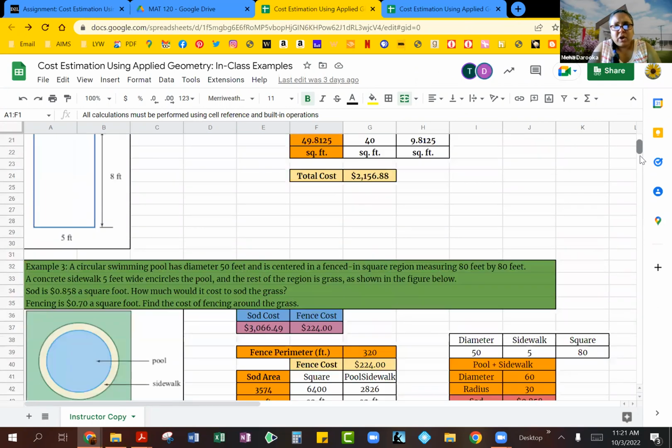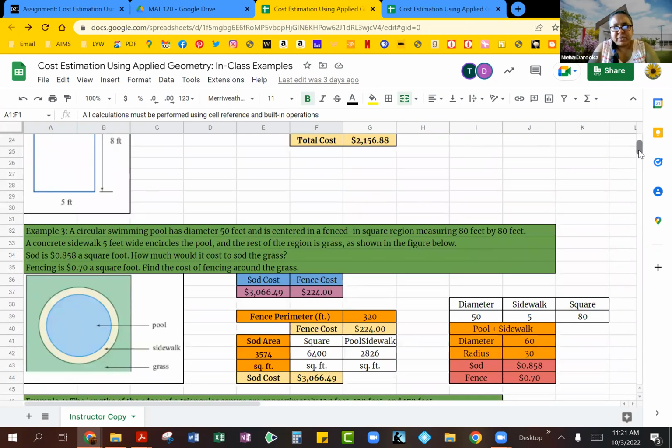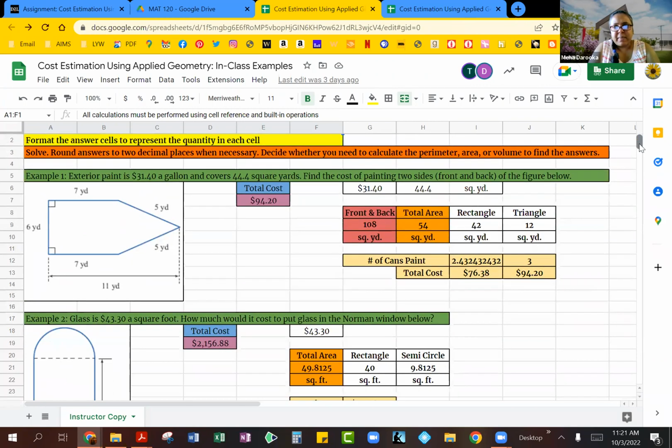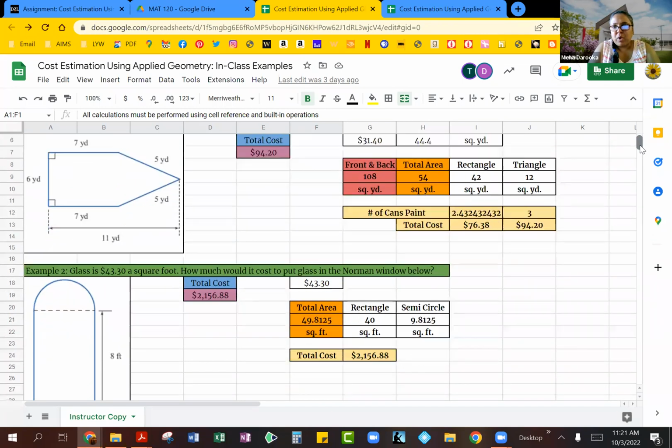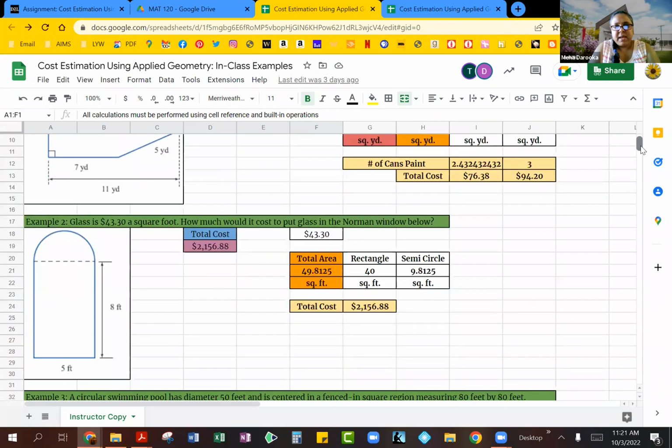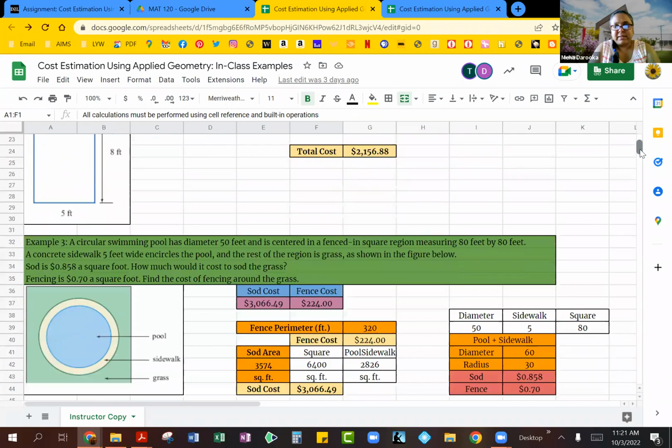So we had worked on the first 3 examples over here. We got done talking about, in question number 1, you were painting both sides of the shape. So what would that cost come out to be? In number 2, we were looking at putting glass in this window. So basically, what would be the total cost of putting the glass in?